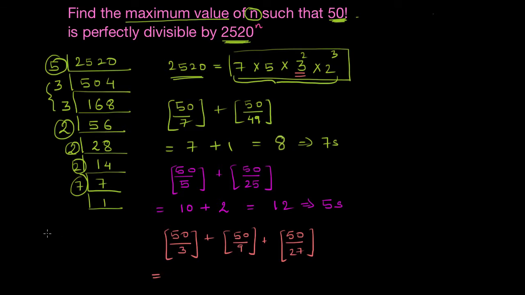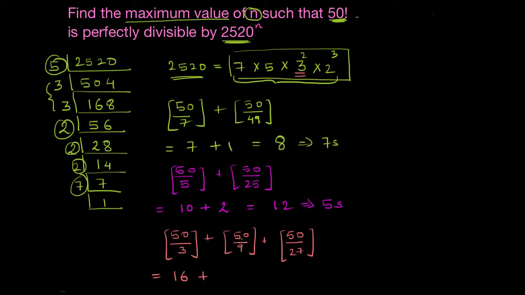Now 50 divided by 3, 3 1s are 3, 2 0, 3 6s are 18. So I'll have 2 as my remainder. So this will be 16 point something, which I can take as 16. Plus the greatest integer will be 16. Now this is 50 divided by 9. So 9 5s are 45.